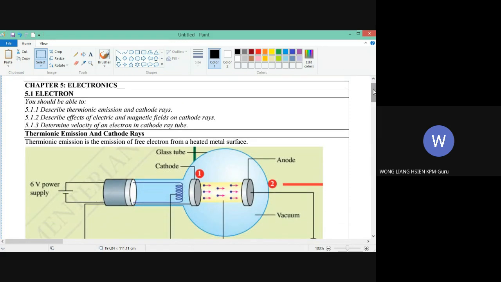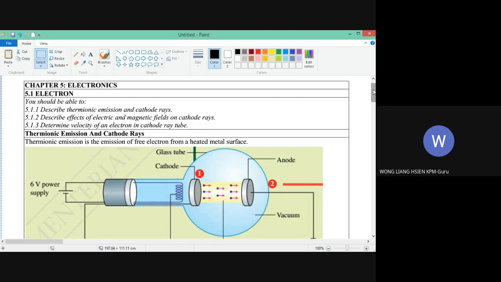Okay, so chapter 5 is about electronics. When we talk about electronics, we are talking about small electronic components, and the electronic components can function because we manipulate or apply everything that we know about electrons. We can make the electron go in a certain way.